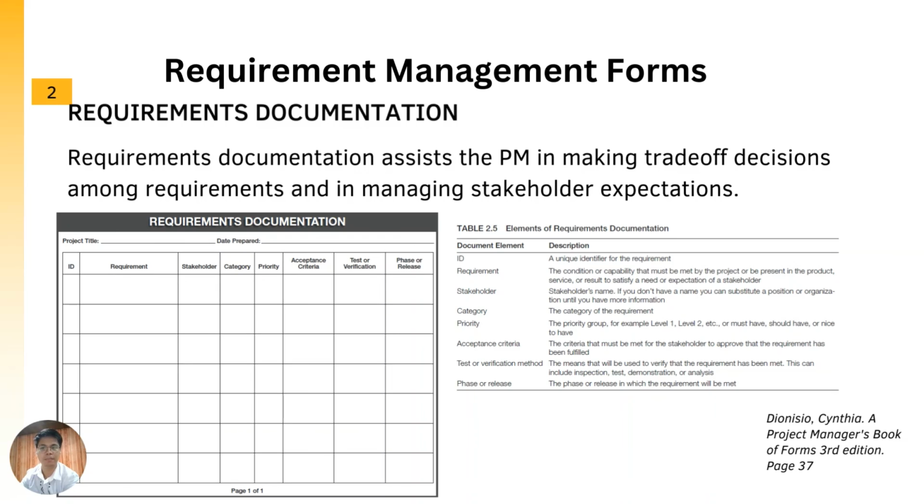The requirements need to be documented in enough detail to be included in the scope baseline and be measured and validated. The requirements documentation assists the project manager in making trade-off decisions among requirements and in managing stakeholder expectations. The requirements will be progressively elaborated as more information about the project becomes available.